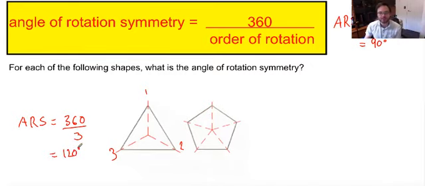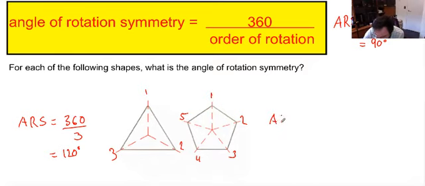Let's take a look at my next one here, this pentagon. In this case, if I was to trace it and rotate it, I'd find out I have an order of rotation of 5, because we have 1, 2, 3, 4, 5, as it's a regular pentagon, and we would do the same thing here.